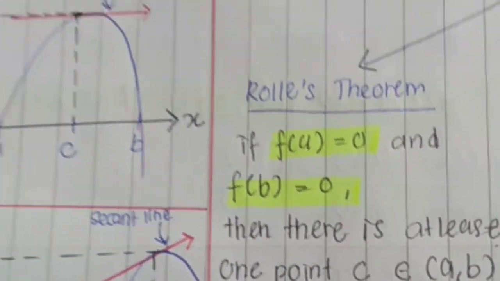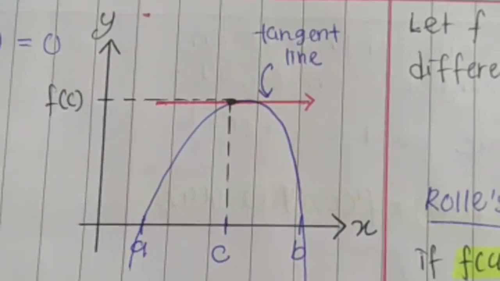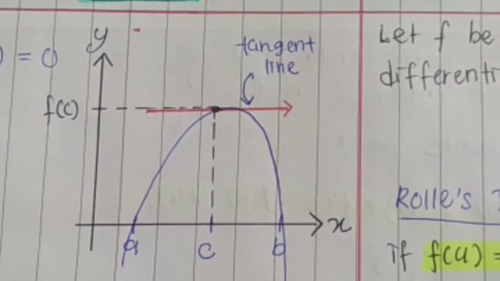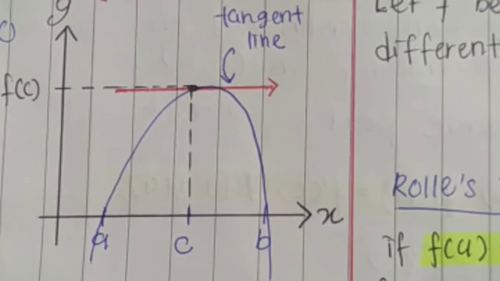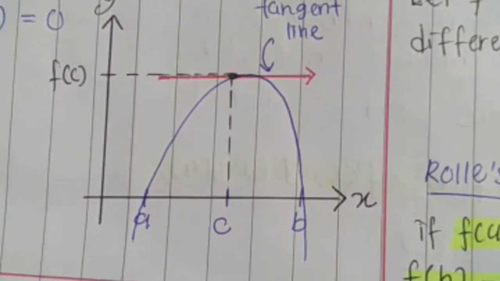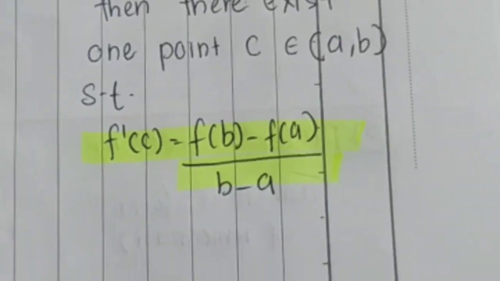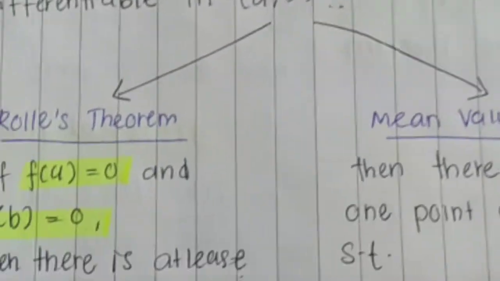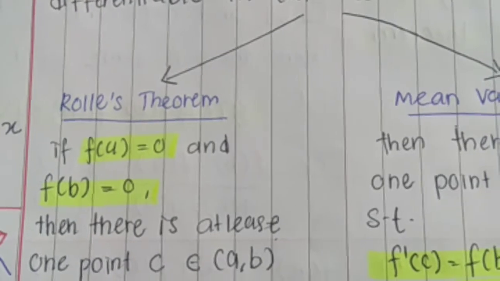It means c is the maximum point of the graph, and the tangent line at point c is parallel to the x-axis. Alright. Meanwhile, for the mean value theorem, the function is the same as before.